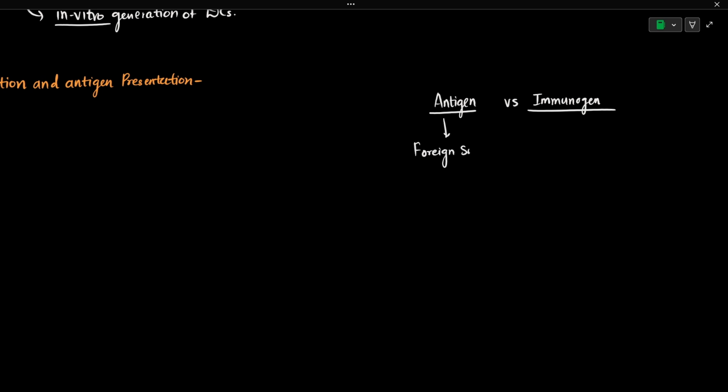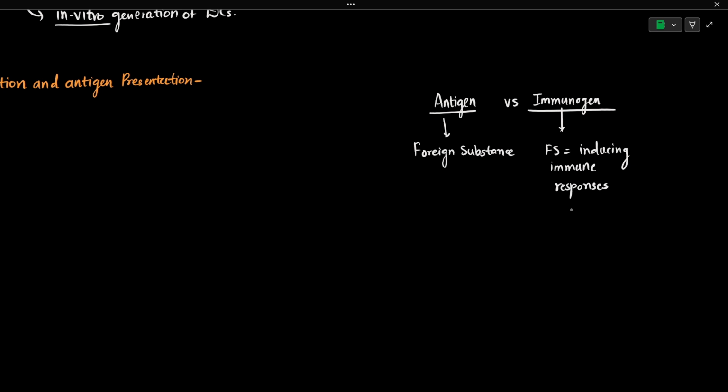Okay, so an antigen is any foreign substance that enters our body, while an immunogen is a foreign substance that is capable of inducing immune responses. Not all foreign substances that enter our body evoke immune responses. For example, dust.